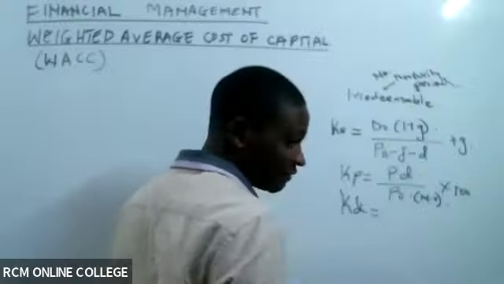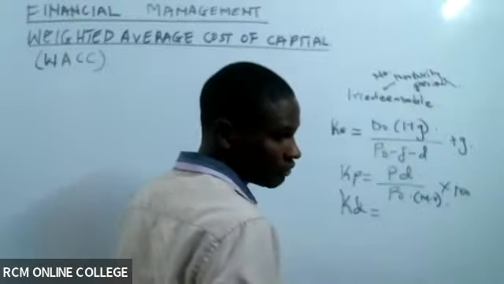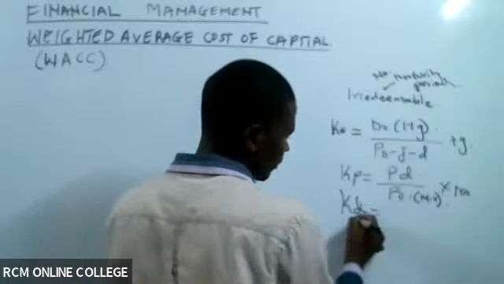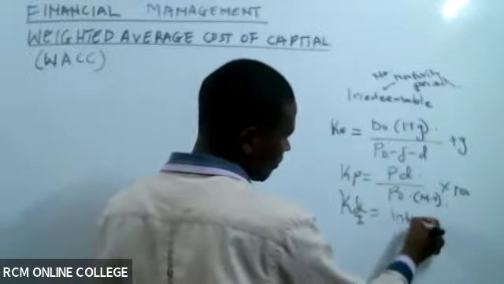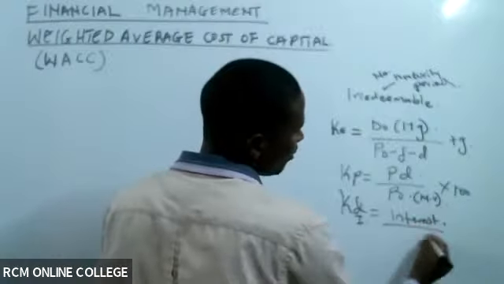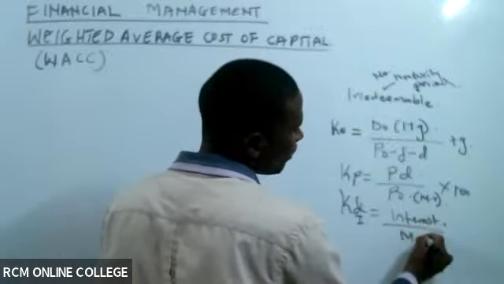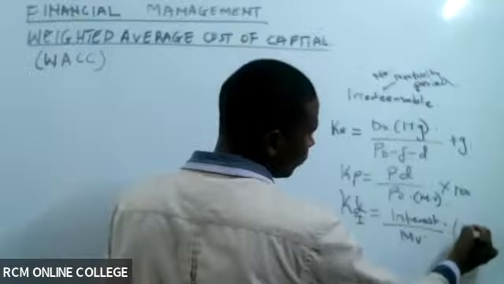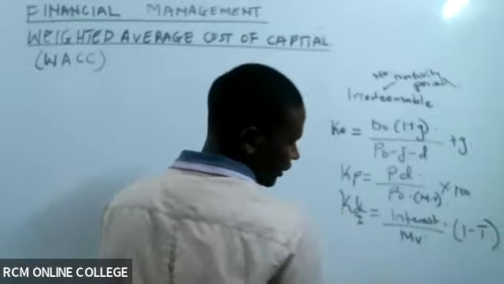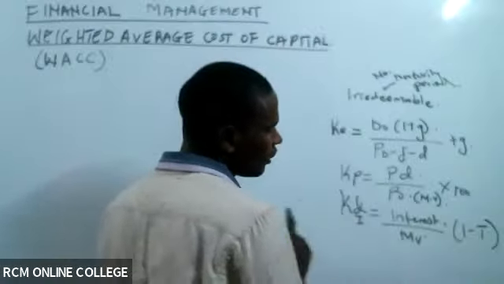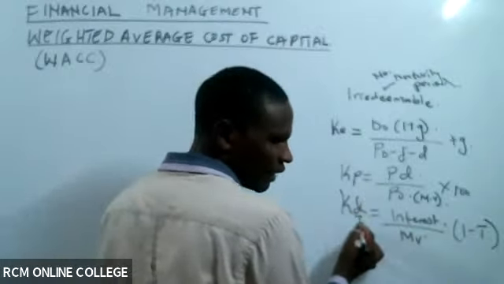And therefore it's given by interest divided by market value or P0, and then you adjust for tax. That is the cost of debt for the irredeemable.